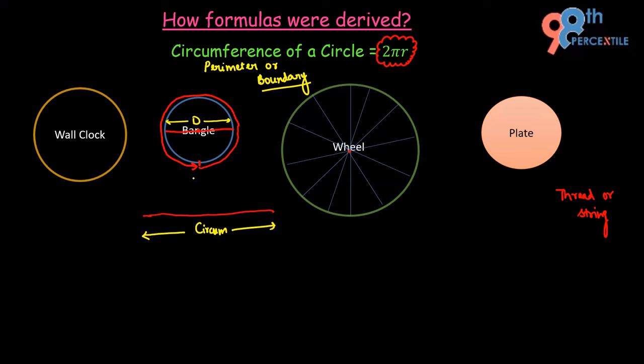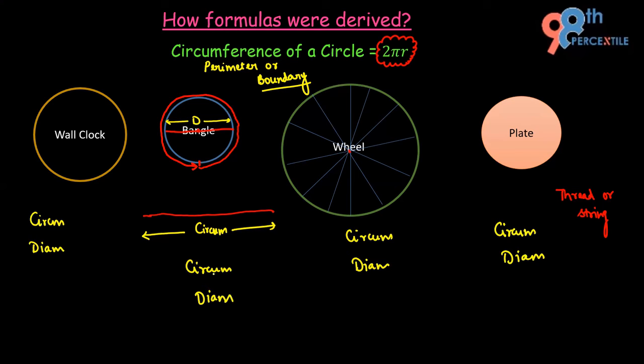For the wall clock as well, find circumference and find the diameter. For the wheel as well, find circumference and find its diameter. For the plate as well, find the circumference and diameter. Any circular object you have, you can take.